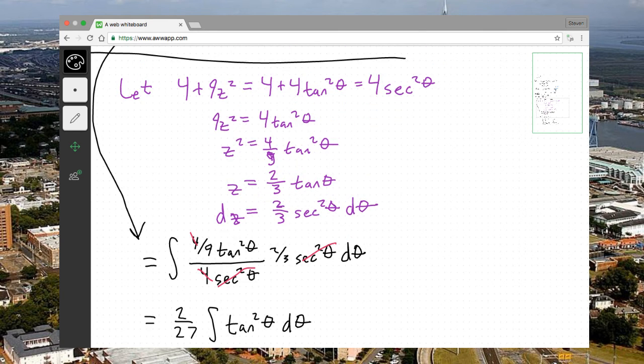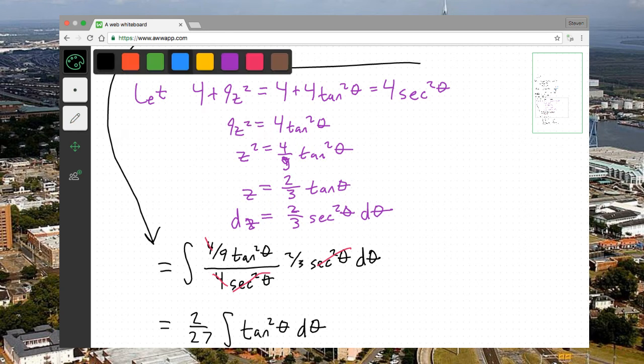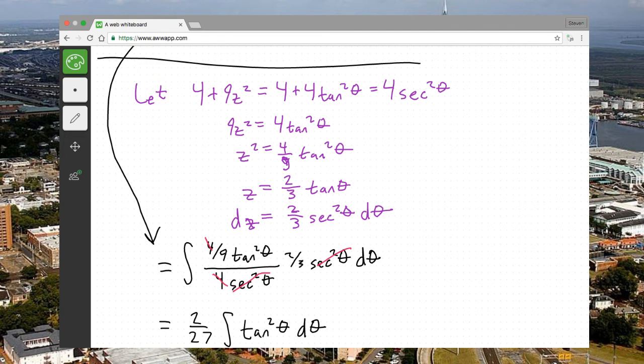Back up here, I said that z is equal to 2/3 tangent of theta. Well, let's solve for z. So I can solve for tangent theta. If I solve for tangent theta, I get tangent theta is equal to 3/2 of z.